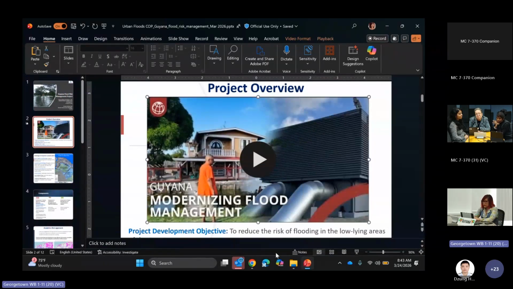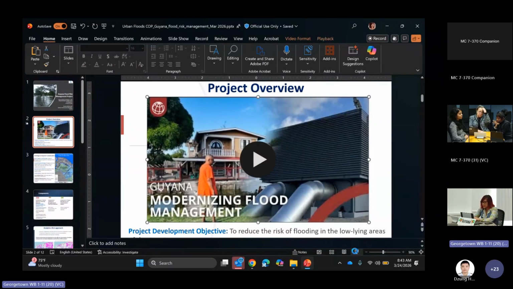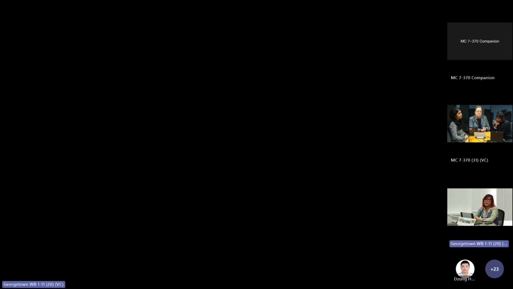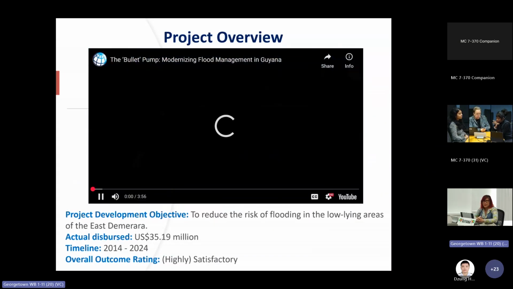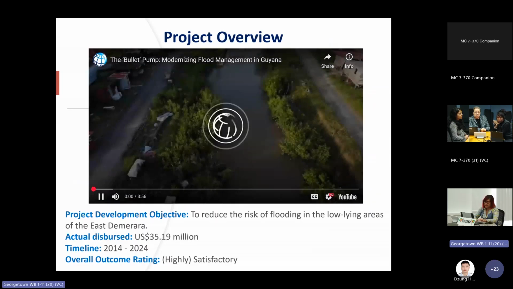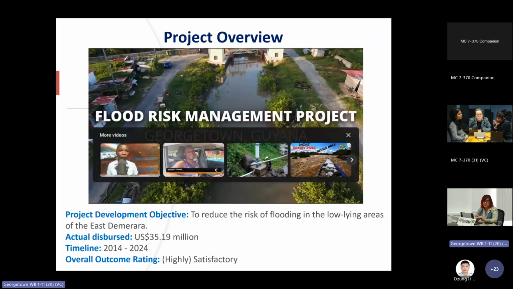All right, so just a quick intro to the project, but also a little bit of context setting as well. Here's a little bit of information about the project. It was a $35 million US dollar project.